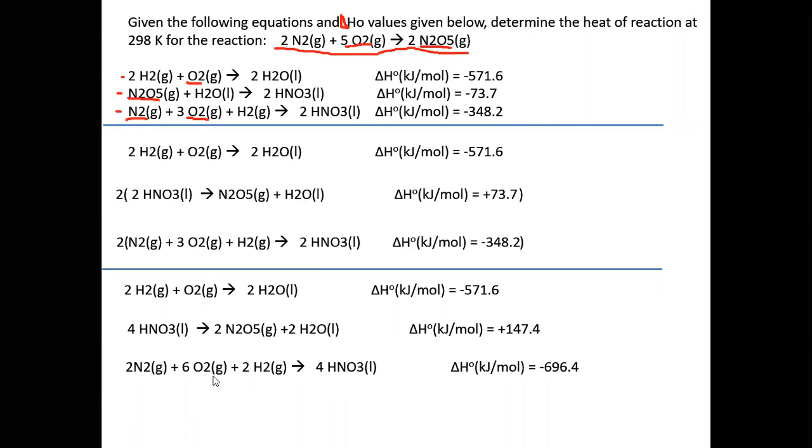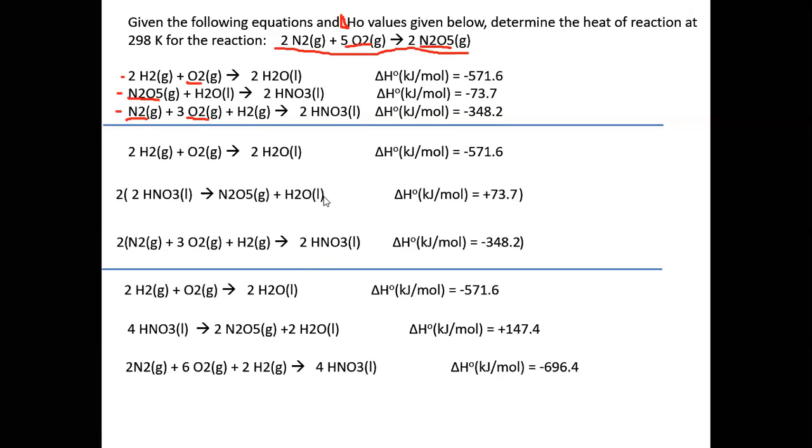And so now you'll notice here that the way we have it set up, we have 7 moles of O2 on the reactant side, and we have 4 moles of H2O on the reactant side. And the H2O doesn't cancel out, and we have too many moles of oxygen.